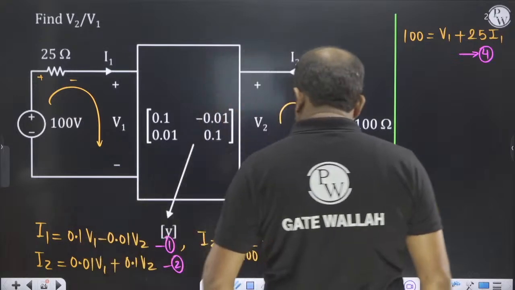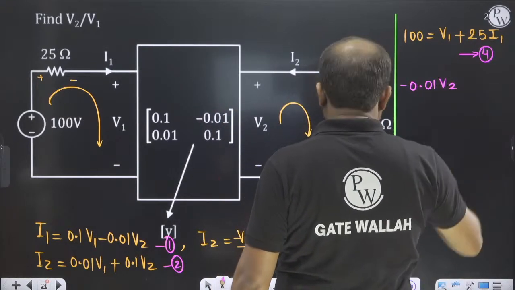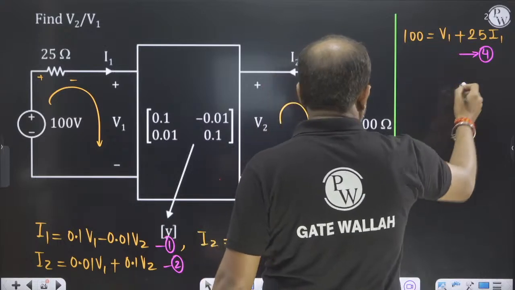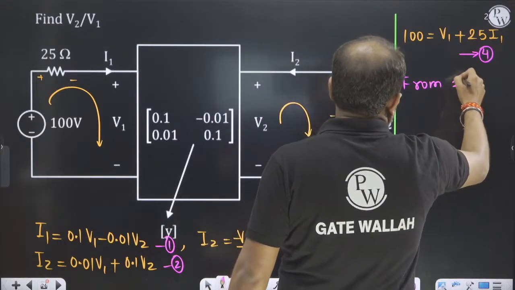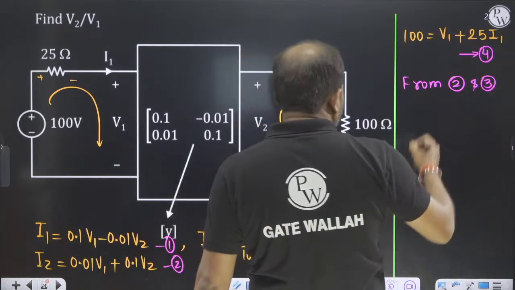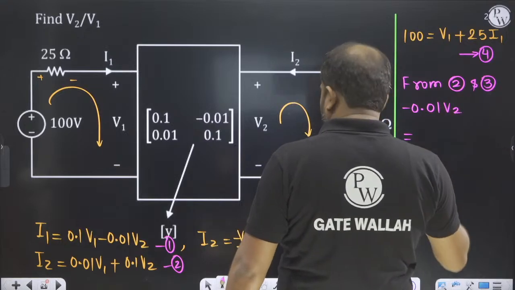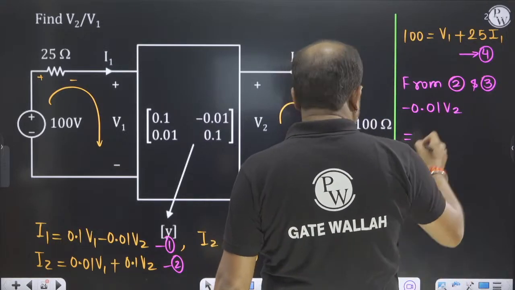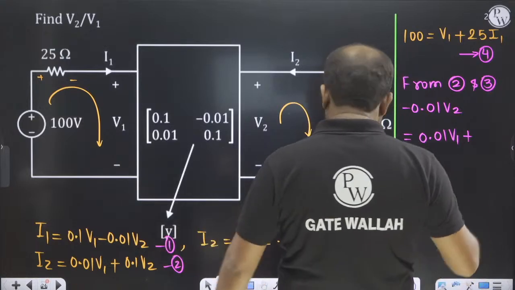So from equations 2 and 3, it will be written as minus 0.01 V2 is equal to 0.01 V1 plus 0.1 V2.